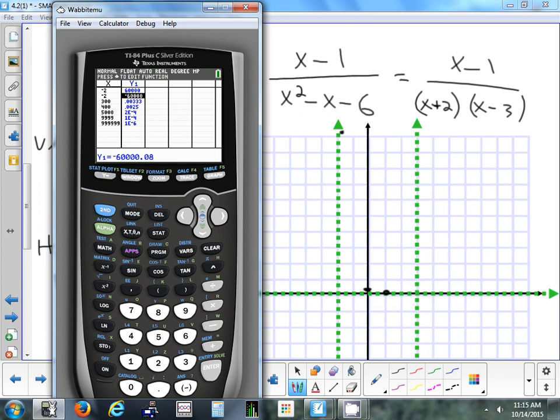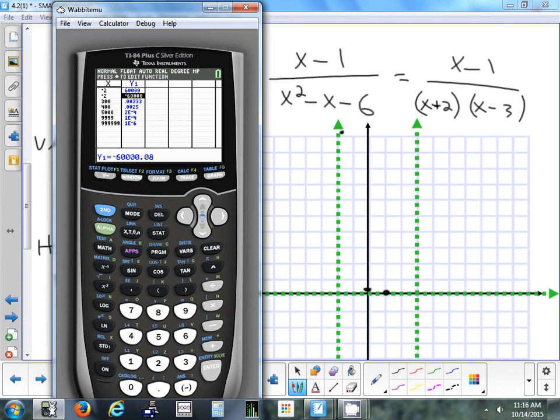What's it heading towards? That says negative 60,000. Our x value is just to the left of negative 2, but what is y approaching? It's a lot lower than 1 or negative 1. Right now it's at negative 60,000.